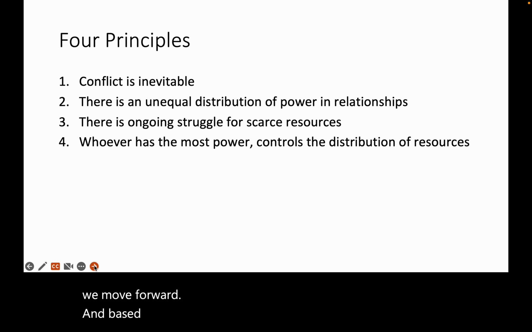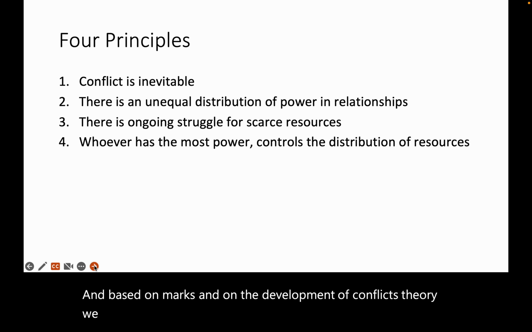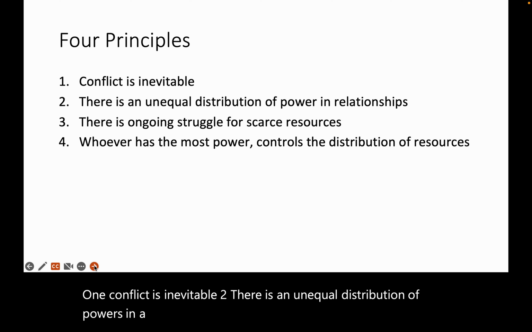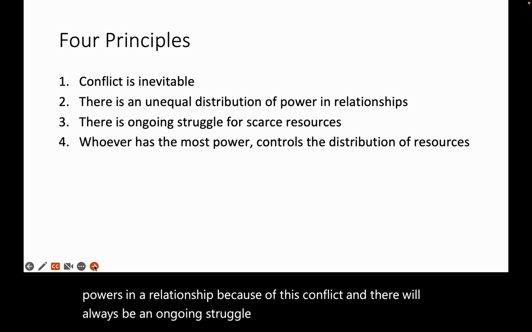Based on Marx and on the development of conflict theory, we then result in 4 basic principles. 1, conflict is inevitable. 2, there is an unequal distribution of power in a relationship. 3, because of this conflict, there will always be an ongoing struggle for scarce resources.